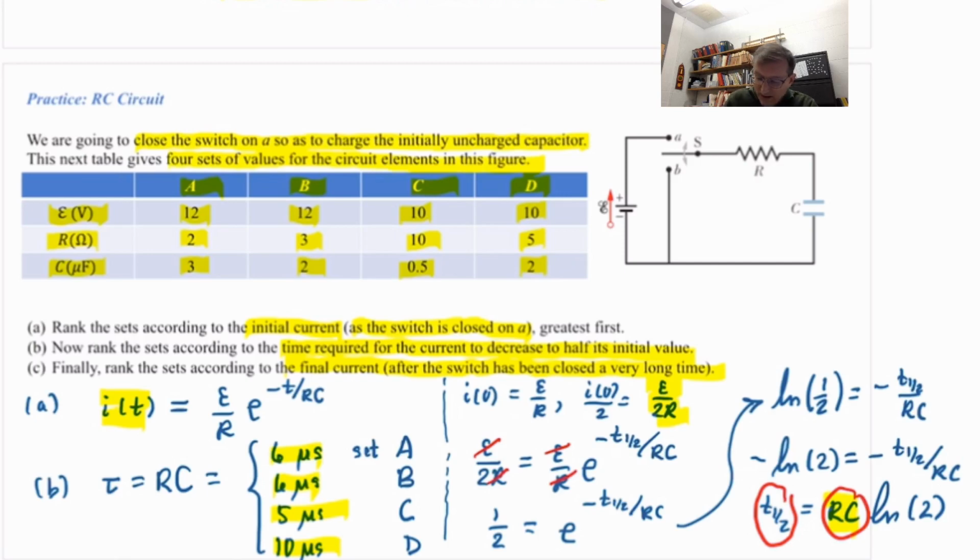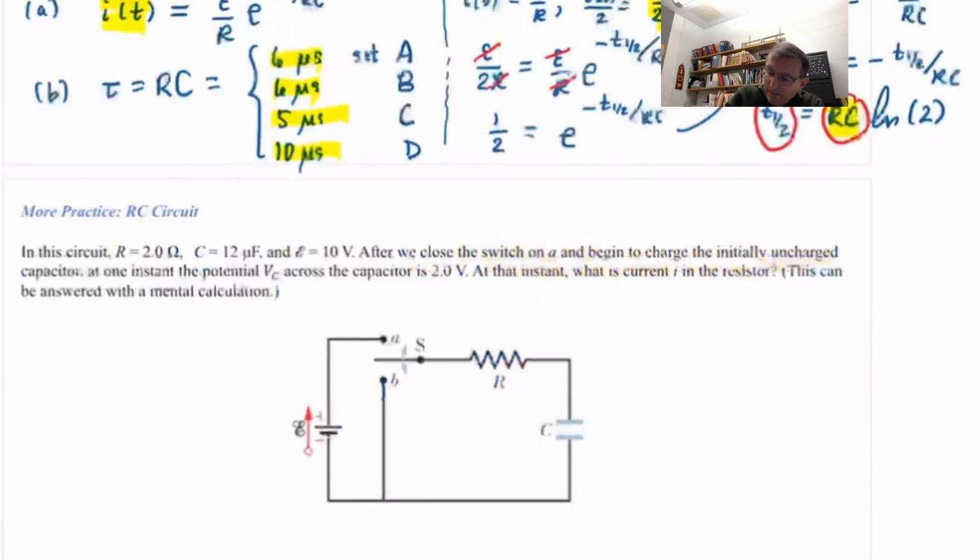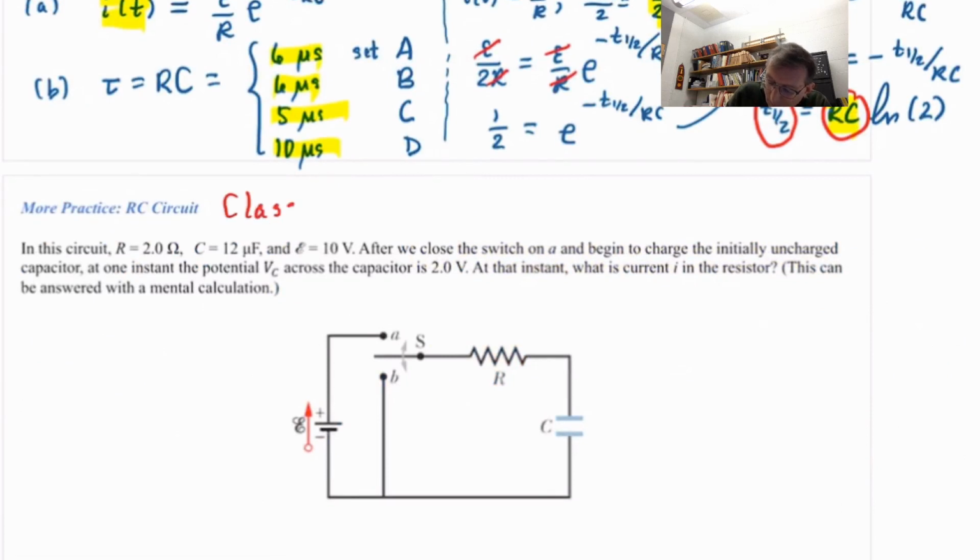All right, so here's the class engagement for Blackboard. Got our standard circuit for charging or discharging a capacitor. And in that circuit, the resistance is 2 ohms. The capacitance is 12 microfarads.